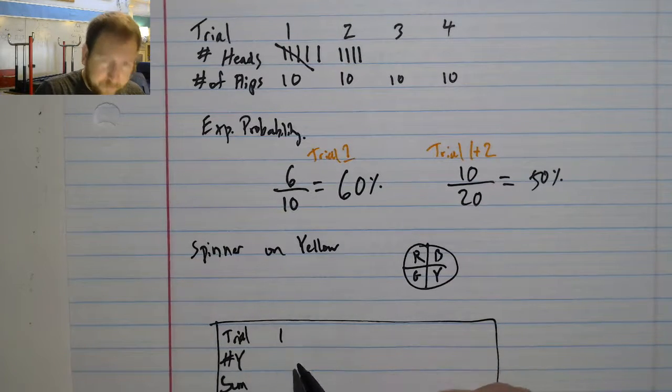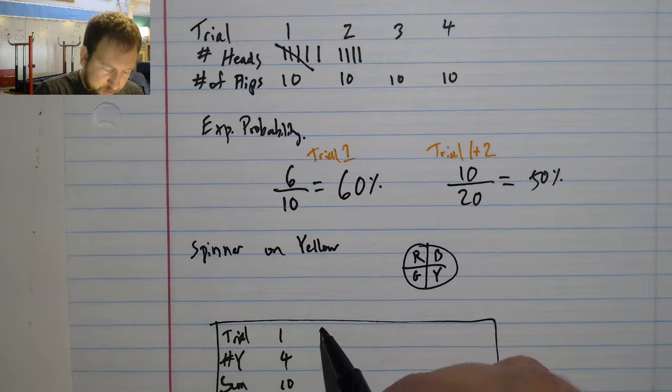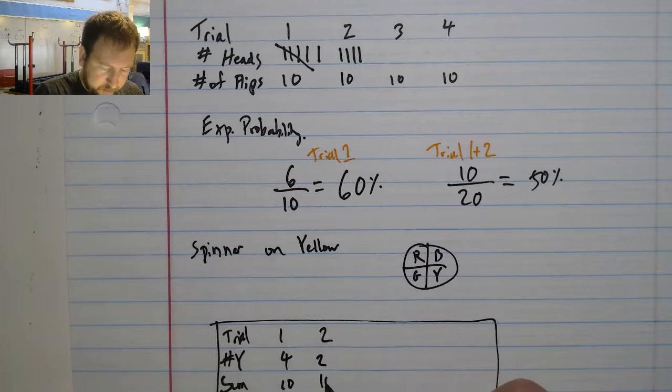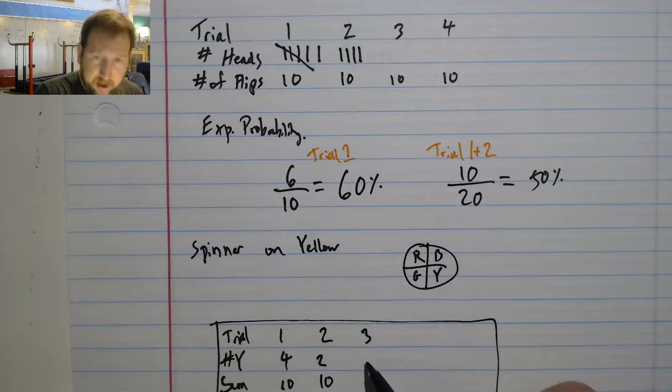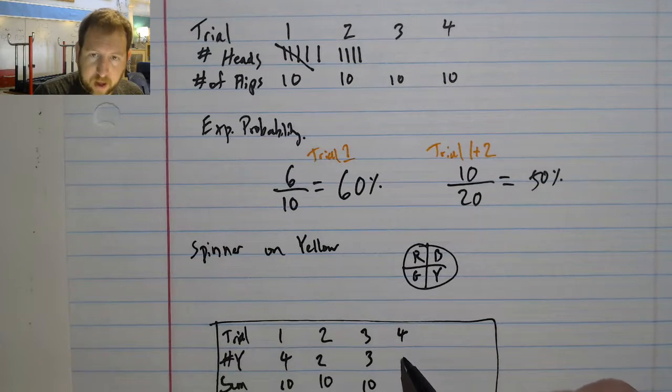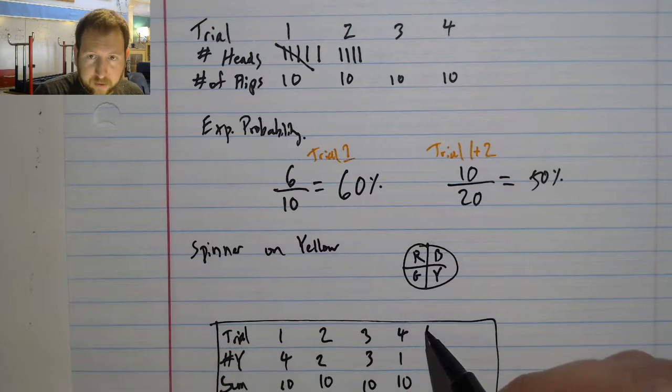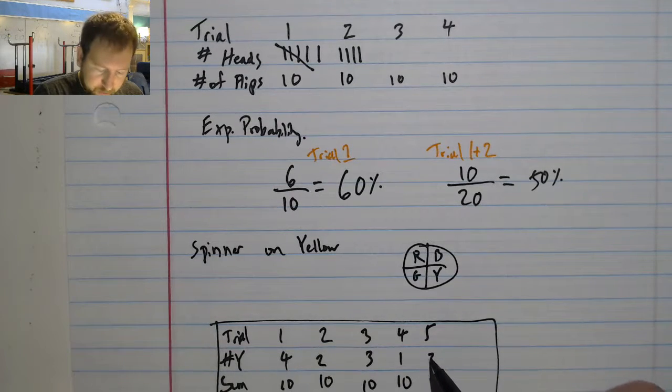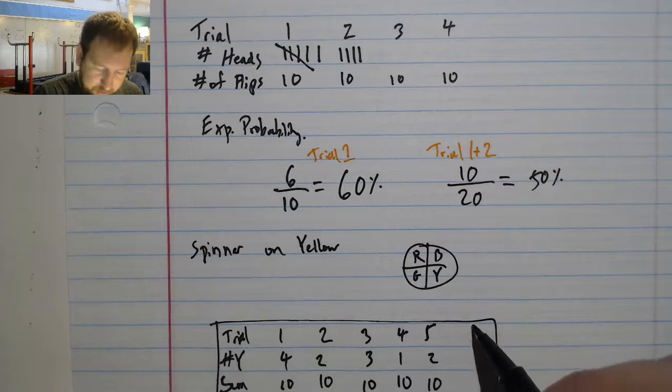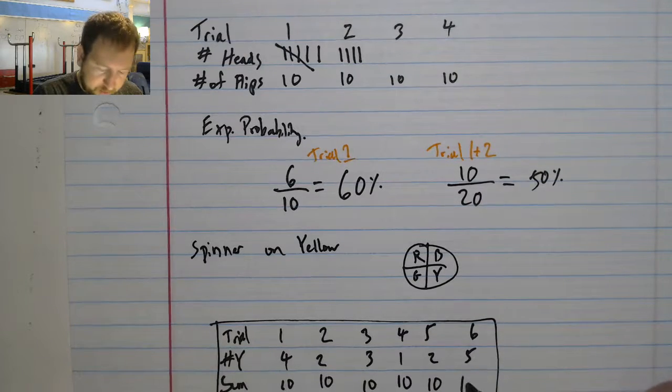Okay, trial 1, they had 4 and 10. Trial 2, they had 2 and 10. Trial 3, they had 3 and 10. Trial 4, they had 1 and 10. Trial 5, they had 2 and 10. And trial 6, they had 5 and 10.